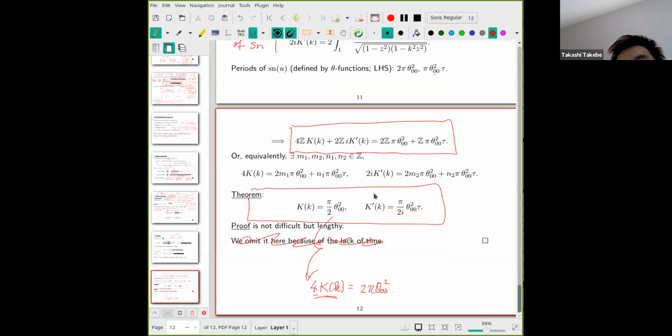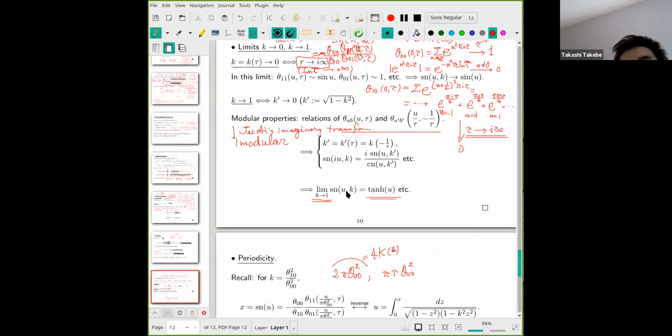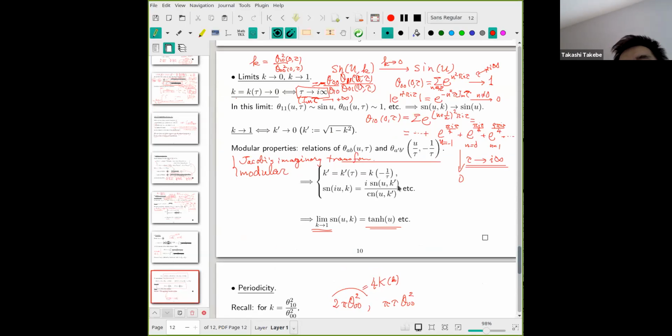Well, this can be proved similarly, or we can use this modular transformation.